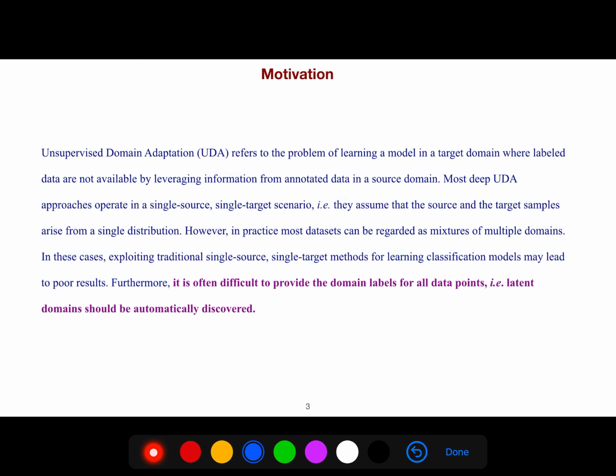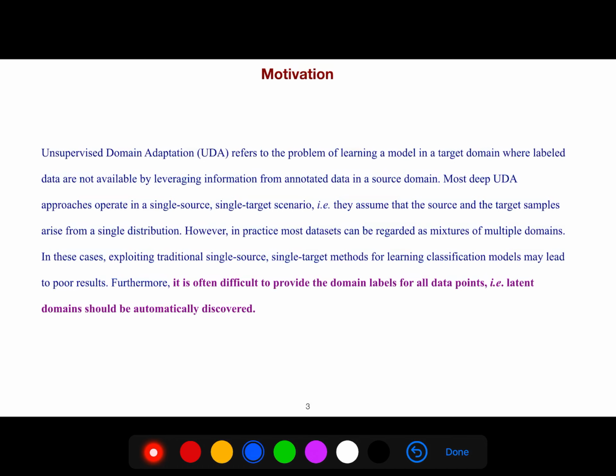However, in practice, most datasets can be regarded as mixtures of multiple domains. In these cases, exploiting traditional single source, single target methods for learning classification models may lead to poor results.